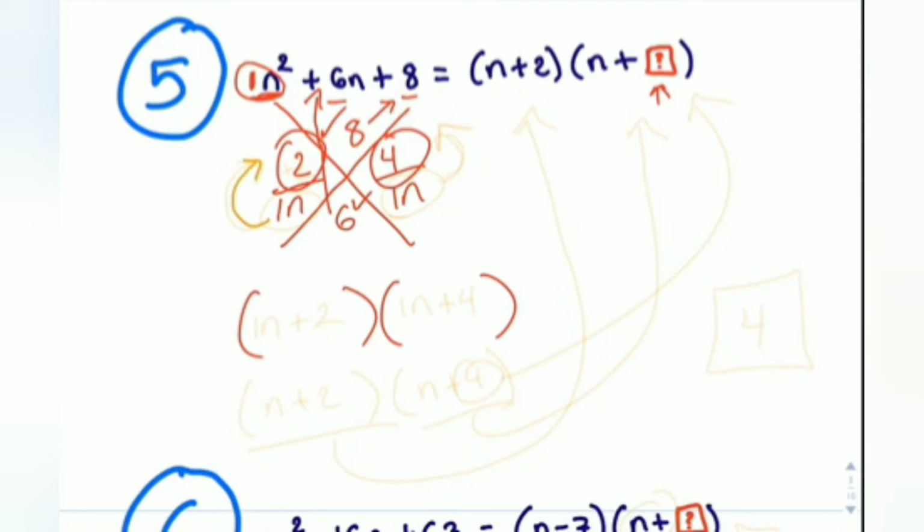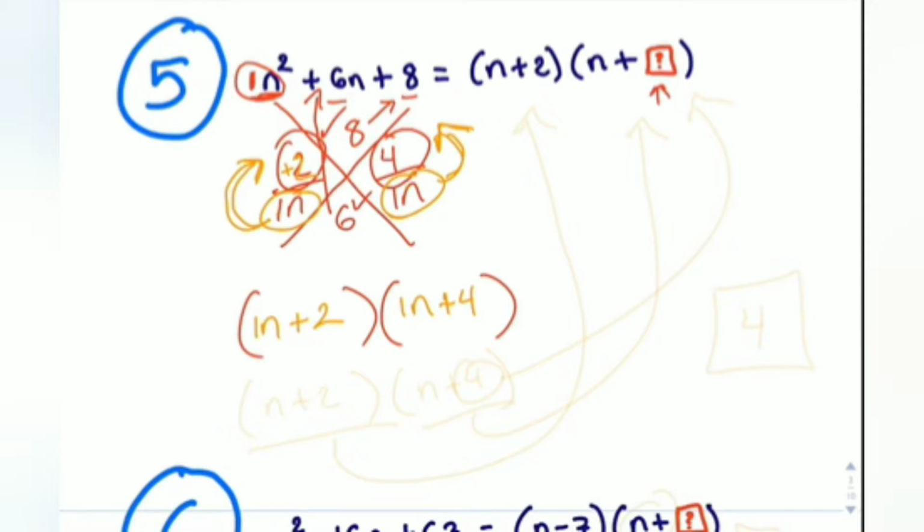In the bottom it says 1n, so we write 1n. Then we go up. It says 2 here, and this is a positive 2, so we put plus 2. We do the same thing with the other number, going backwards. We start with 1n, then go up to the 4, and 4 is positive, so it's plus 4.